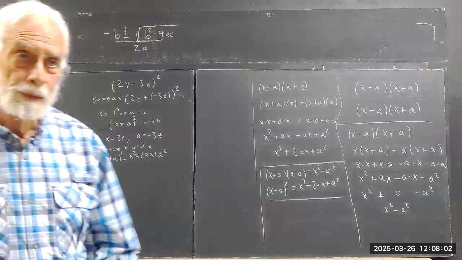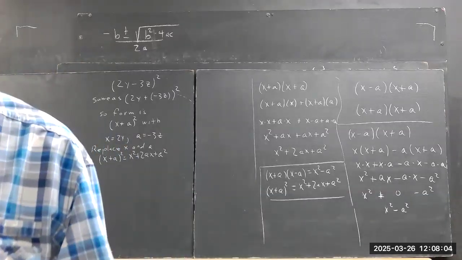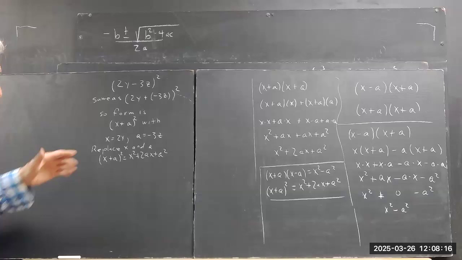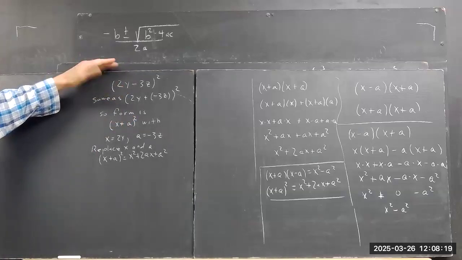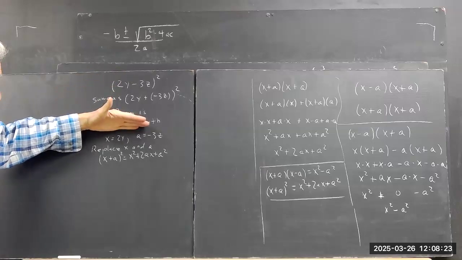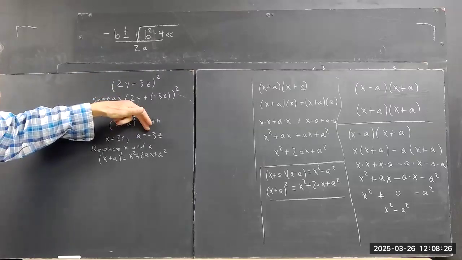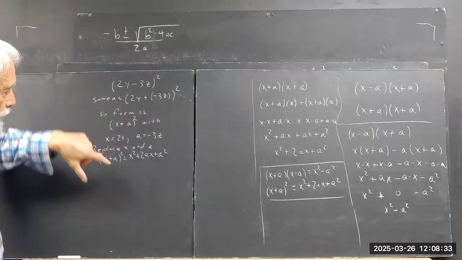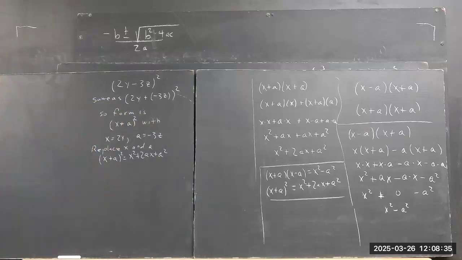I'm going to give you a minute, so make sure you're staying focused on this. So write out, for now, if you haven't written all this out, don't take the time to write all this out. You can copy it down later. You can take it off the video. Just write x equals 2y, a equals negative 3z. And you don't have to write the instruction, replace x and a. Just write this line, and then do the substitution.